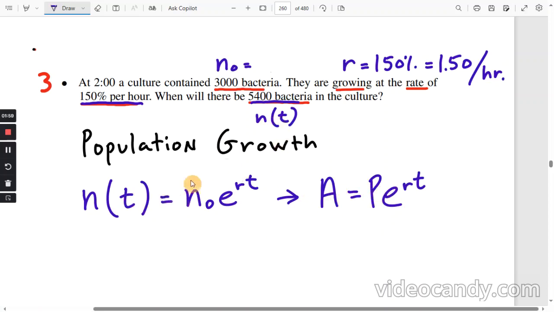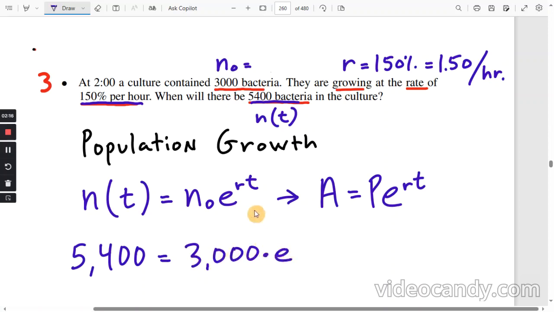All right, so n of t is your final amount. That's 5,400. N sub 0 is your initial amount, and that is 3,000. And that is times e to the power of r, which is 1.50, times t.